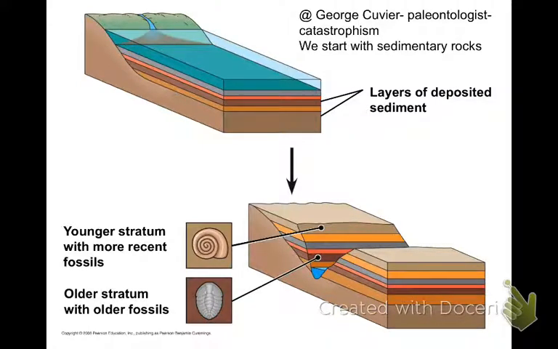Now, what is a sedimentary rock? You would have layers and layers of deposited sediment which solidified under great pressure and became rock. When paleontologists work on sedimentary rocks, they try to remove it gently, layer by layer.